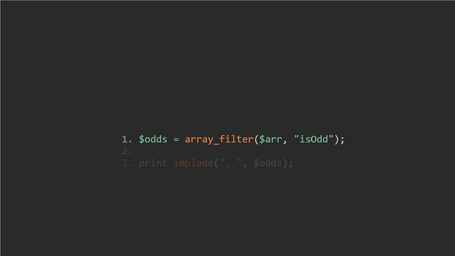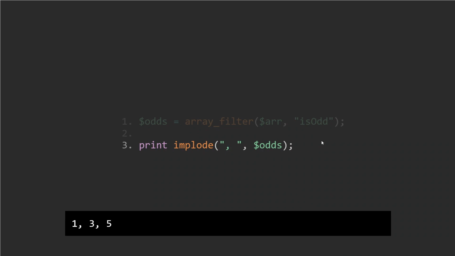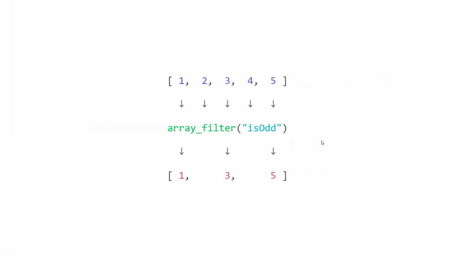So if we call array filter on our array, which is now the first argument, and use is_odd, then we'll get only the odd values back, so we'll get 1, 3, and 5. Just for another diagram of how that works, each of our values gets filtered through is_odd. If it passes, then we keep them. Otherwise, we don't.